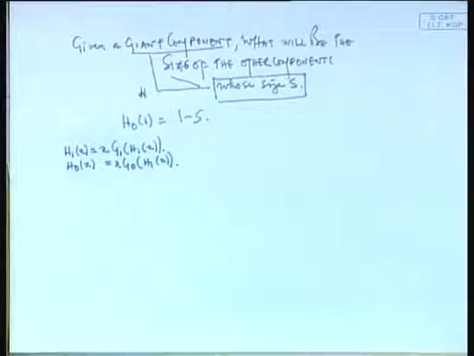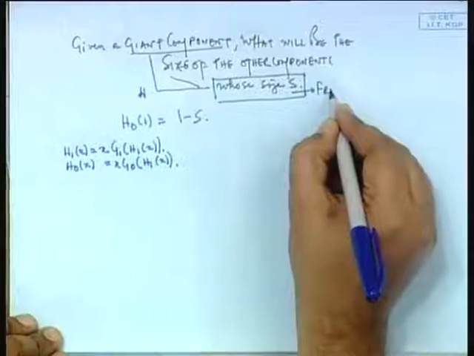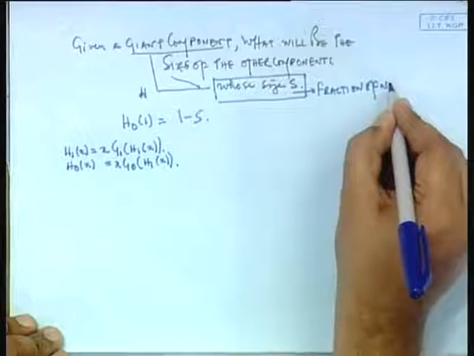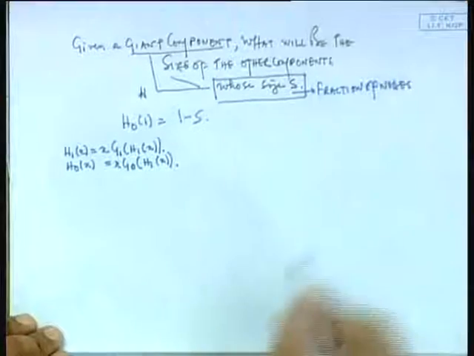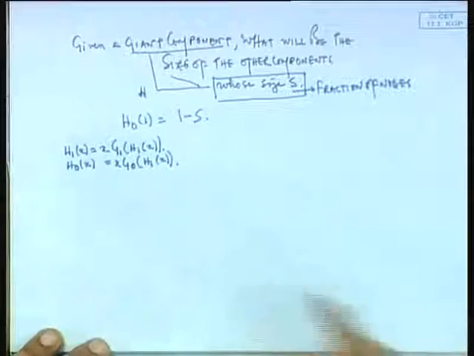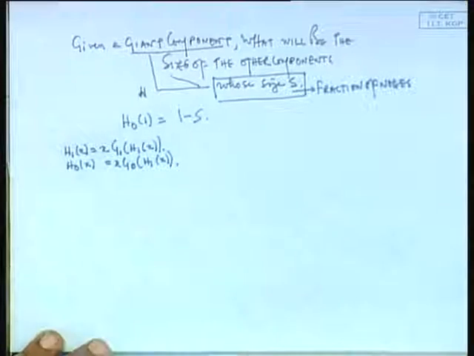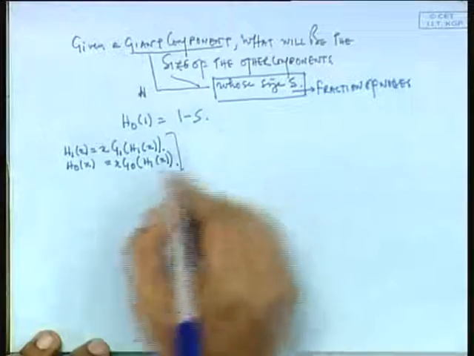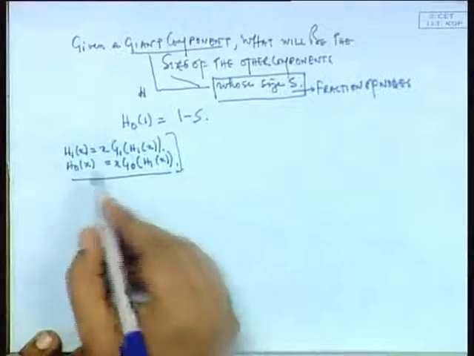Yeah, S is a fraction of nodes. So, whose size means fraction of nodes. So, H 0 x is equal to x, you have this. So, tell me what will be, I put it here.